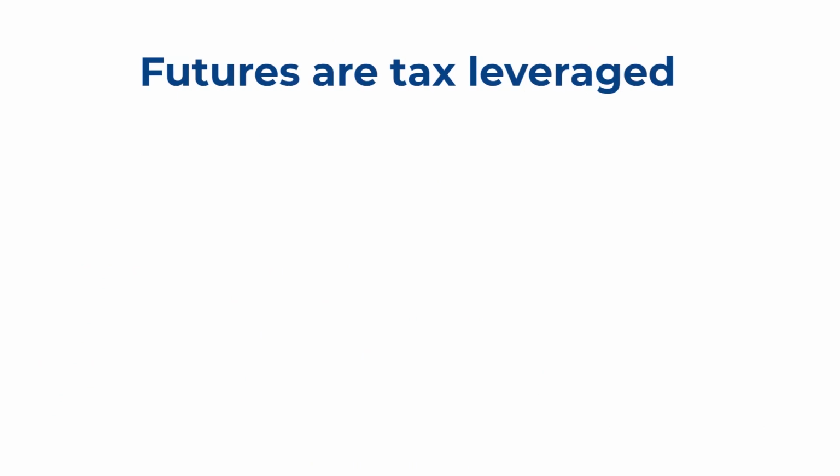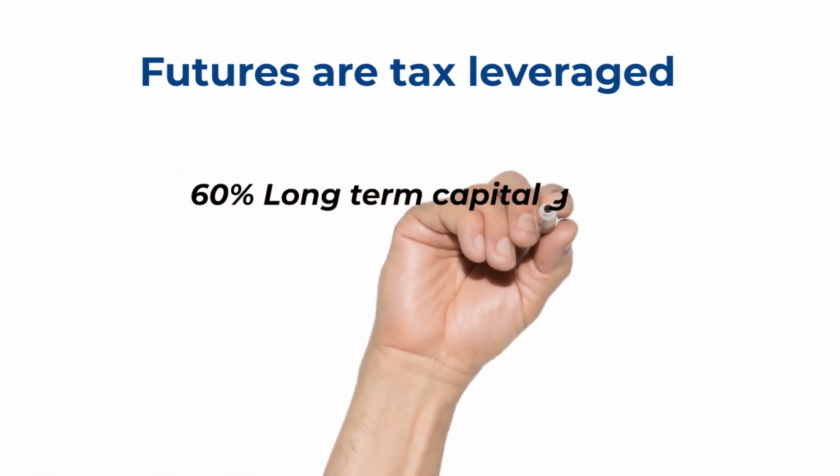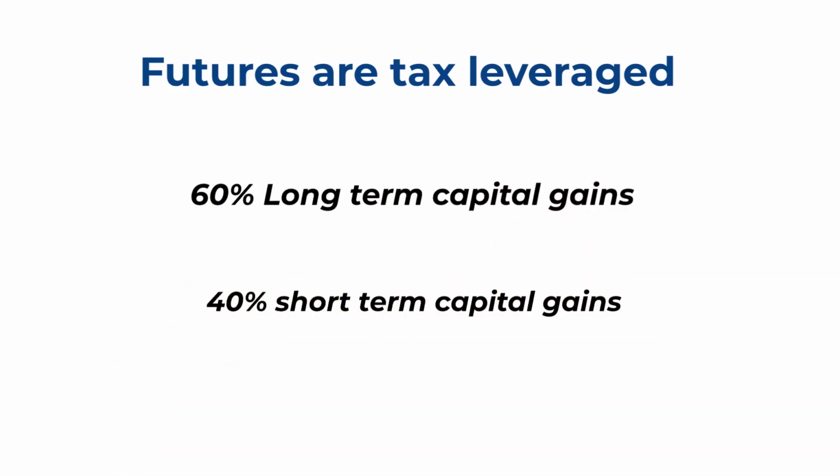If you hold them for more than a year in your portfolio, they are taxed at the long-term capital gains rate. Anything inside of 1 year is taxed at the short-term capital gains rate, which is higher. Futures contracts are taxed at 60% long-term capital gains and 40% short-term capital gains. This is a huge advantage that can add up over time depending on the size of your account.